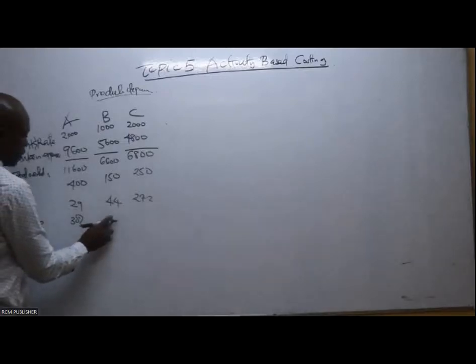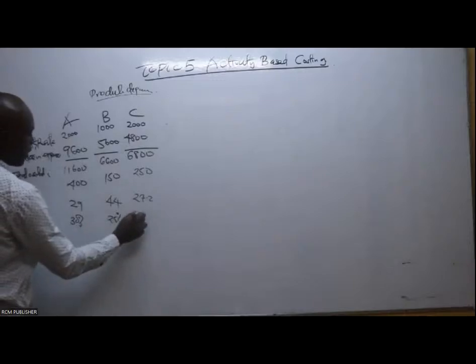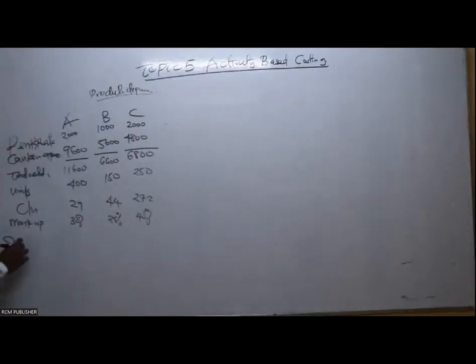Here, markup of 25%. And then here is 40%. Now get out the selling price. How will we get the selling price?